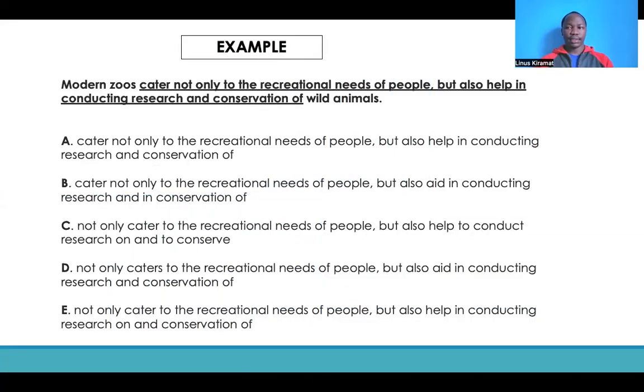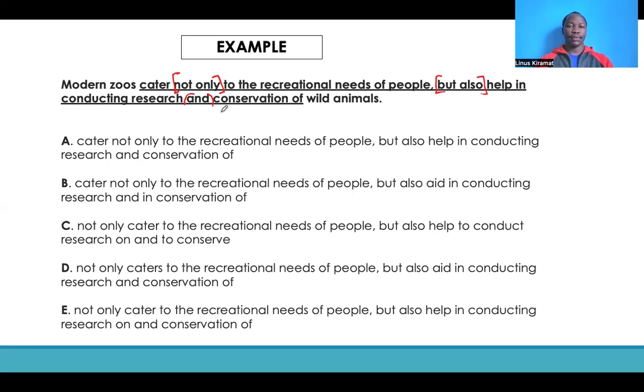So our sentence reads, modern zoos cater not only to the recreation needs of people, but also help in conducting research and conservation of wild animals. You can already notice the use of correlative conjunctions, not only, but also, and the coordinating conjunction and.